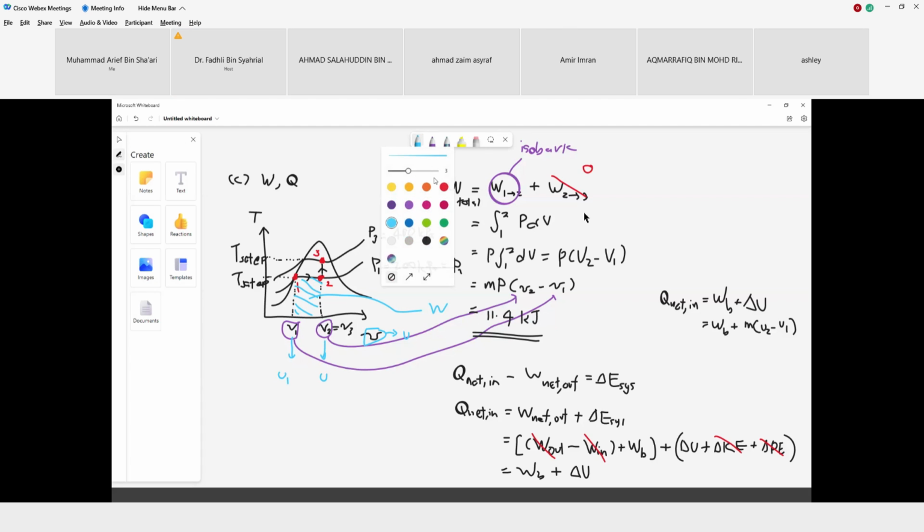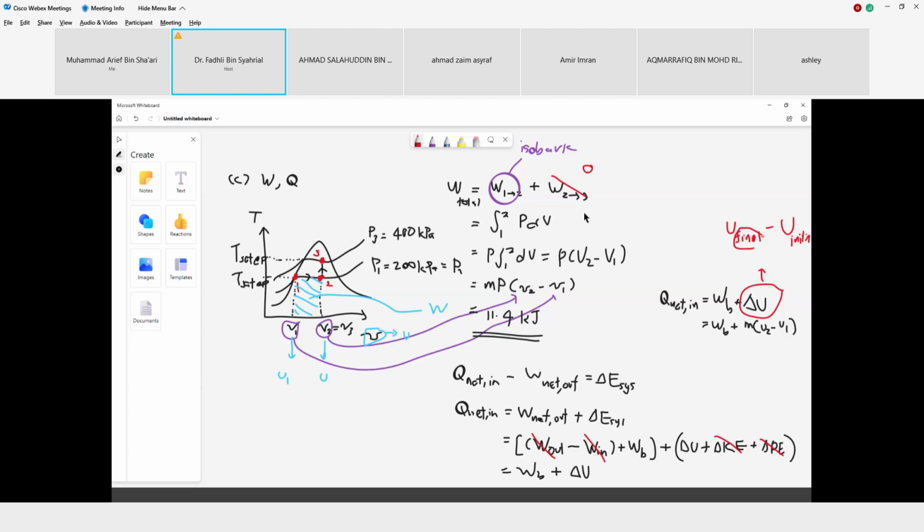Before I solve this question, be careful with this delta U. Delta U here means U final minus U initial. The final here is number 3, this one.